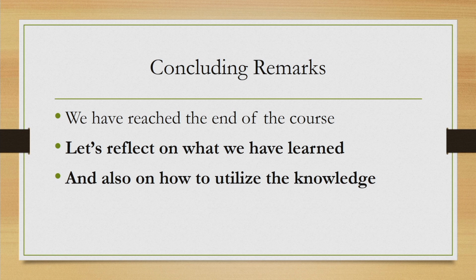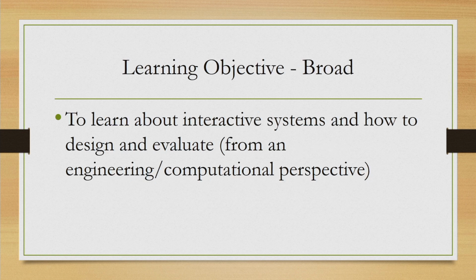In order to recollect what we have learned, let us start with the overall objective of the course. At the beginning we talked about the learning objective. The most important objective that we mentioned is the idea of interactive systems and how to design and evaluate.